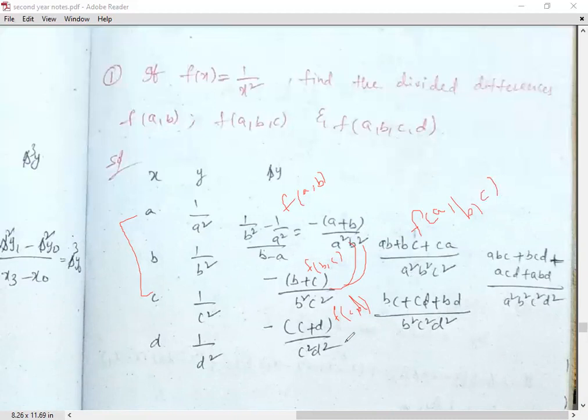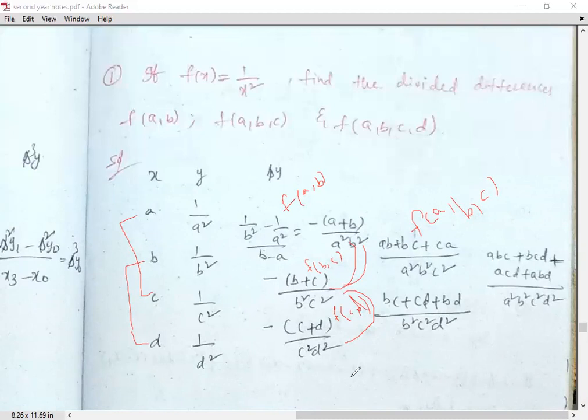Similarly, for the next difference, successive minus preceding by the x values, after taking a, go to the next value b. From this we skip one point so that from b we reach the point d. Taking this difference, we divide the successive minus preceding of the first divided differences by d minus b.